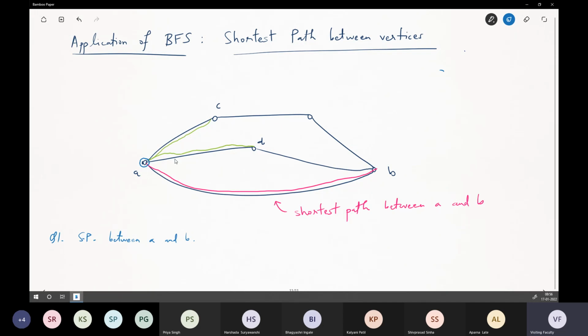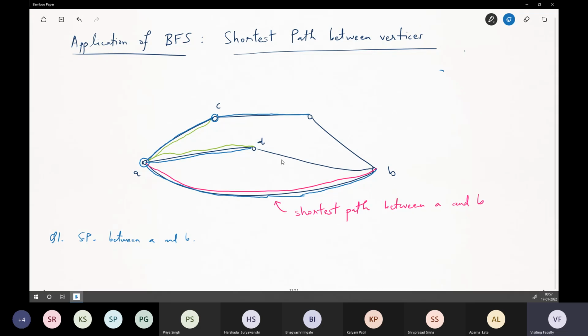The first step of BFS will give me this edge, this edge, and this edge. The next step of BFS will give me, from here I'll go here, and that's it. Every vertex has been covered.